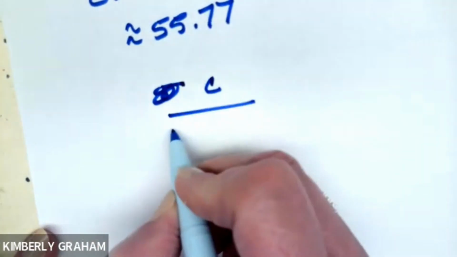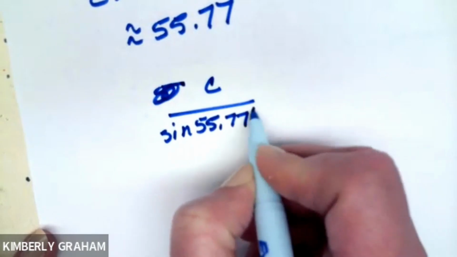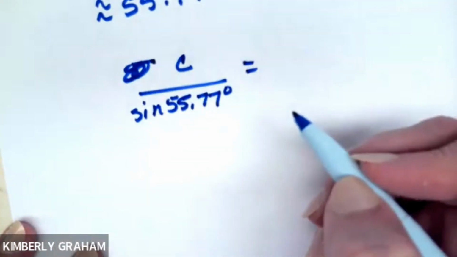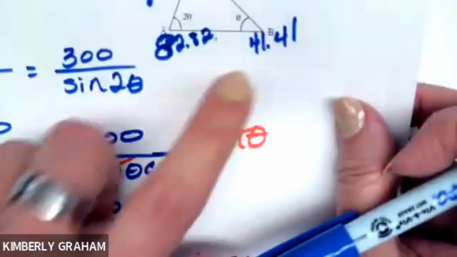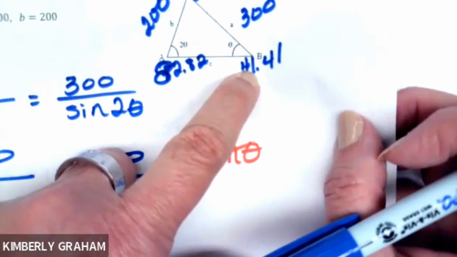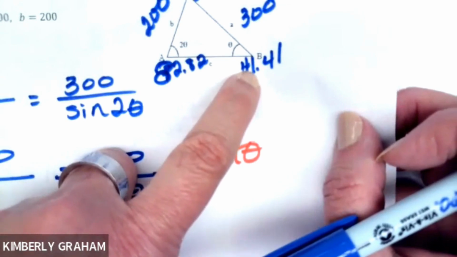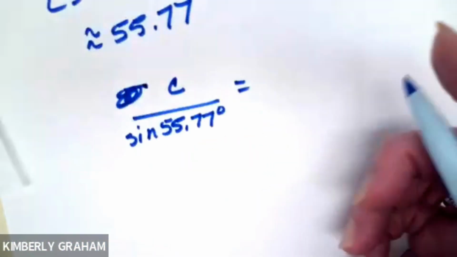So I have side C over the sine of 55.77 degrees equals, I'm going to use this angle here because this was the one that was found first, right, before I did any rounding.